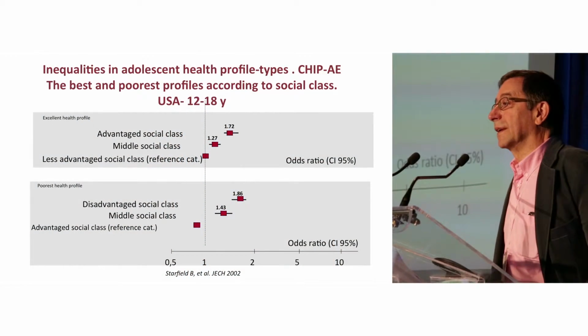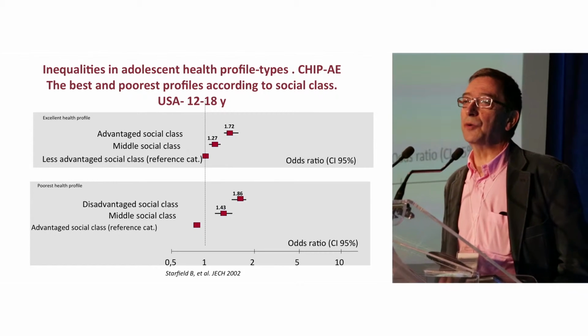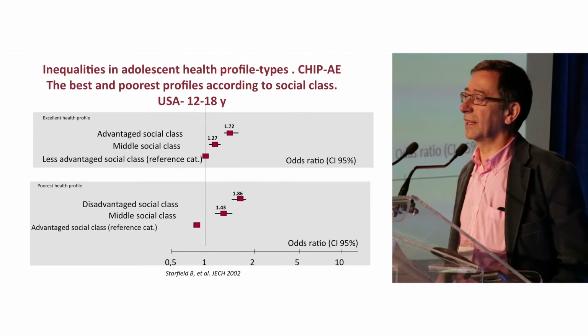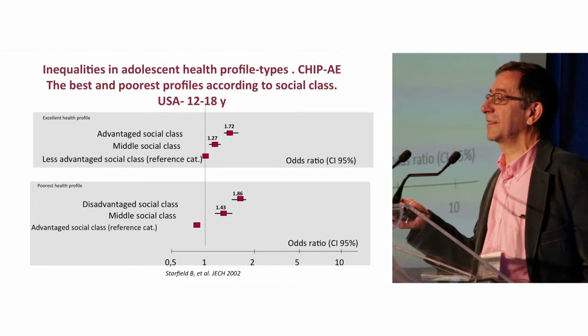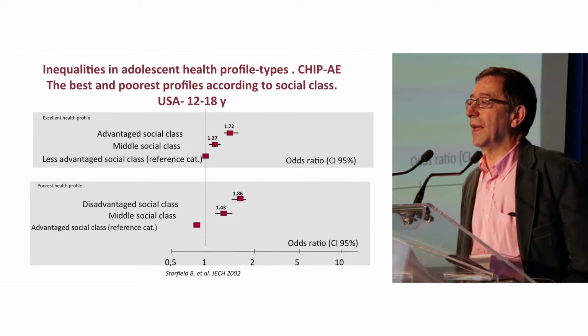Well, and now examples on how to assess social inequalities in child health. I would like to present this because it's one of the best seminal studies carried out by Barbara Starfield.